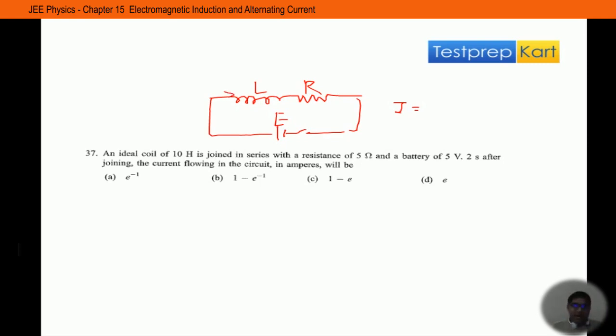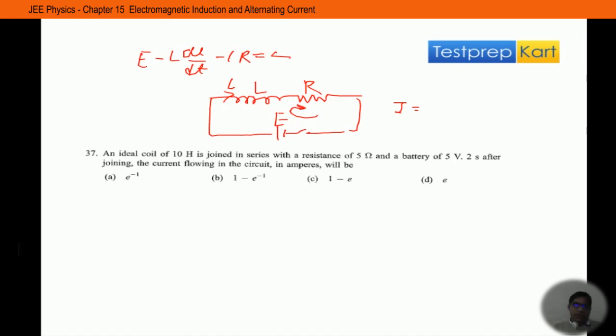If current I at any instant is passing through this circuit, then applying Kirchhoff's voltage law, E minus L di over dt minus I into R is equal to 0.